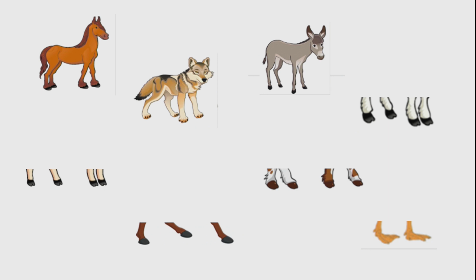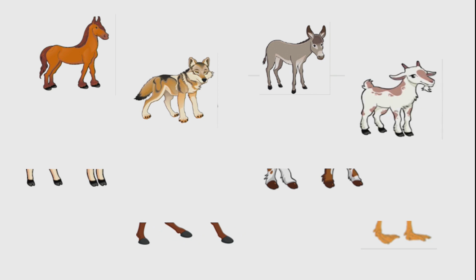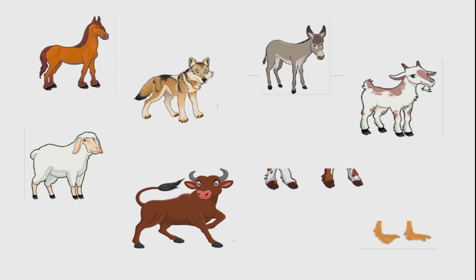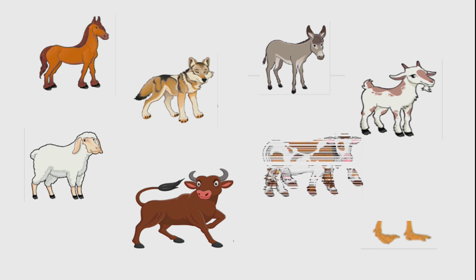Of course, it's a goat. Then there is a sheep. How about the next picture? A bull? Yes, it's a bull. A cow? Yes. And finally, what's in the last picture? It's a goose. Good job, guys. Good of you. Today, we continue talking about the animals.